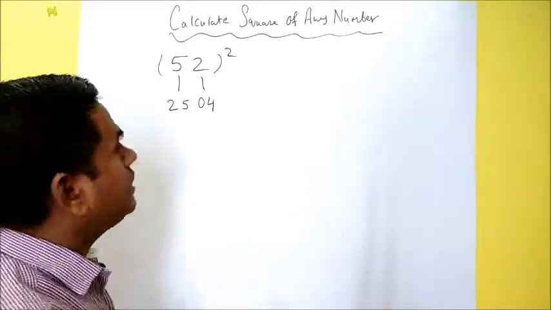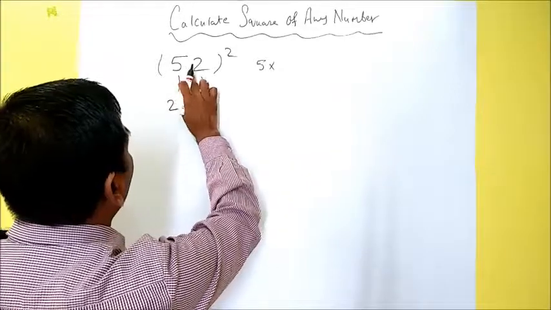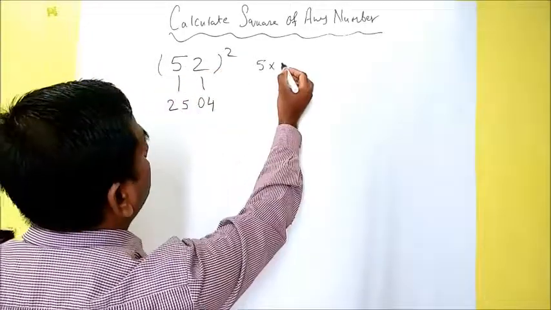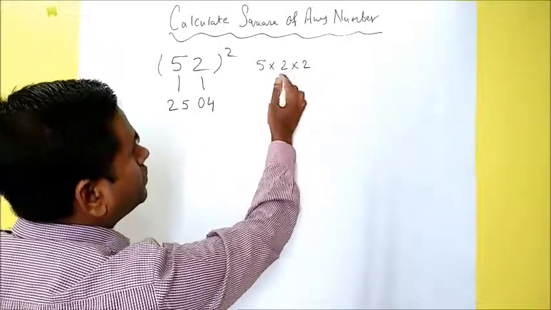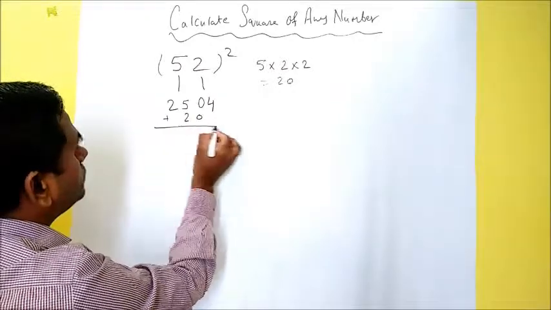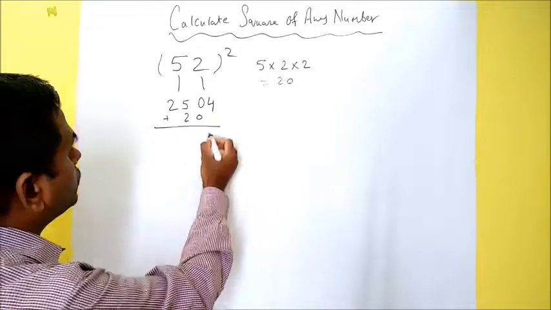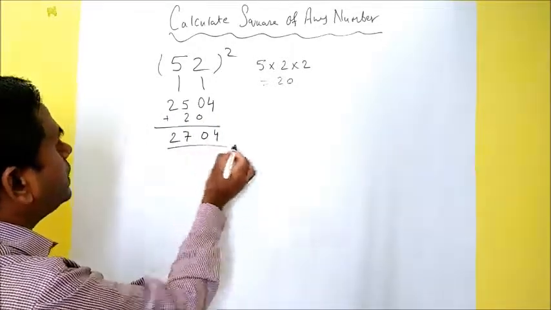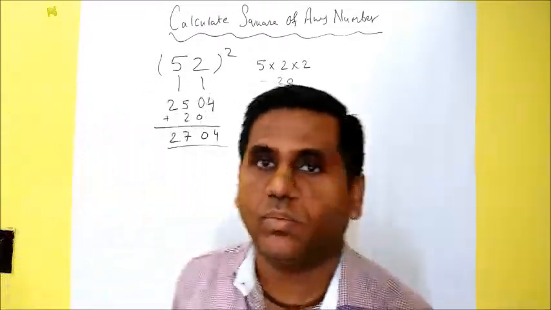Next we do 5 into 2 into 2. 5 2s are 10, 10 2s are 20. So 20 we add here, leaving the first digit. So 4072 is the answer.